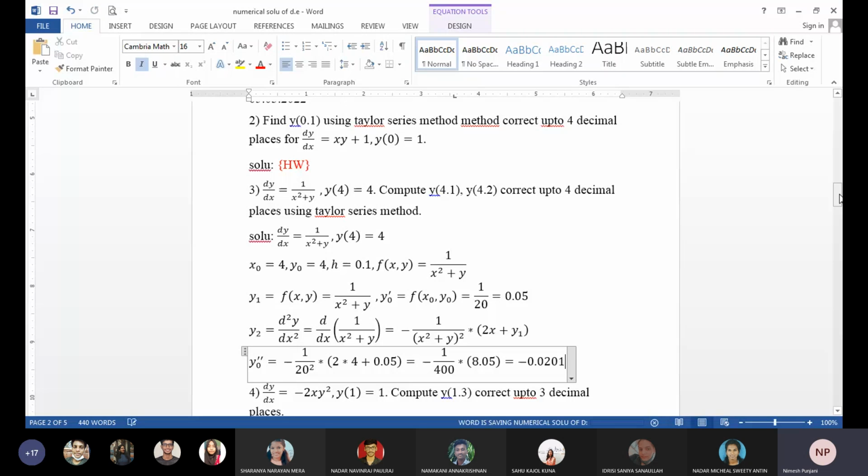This is what you get the value of your y0 double dash. That is y2 का value when x is equal to x0. Is this fine? Yes, sir. Okay.